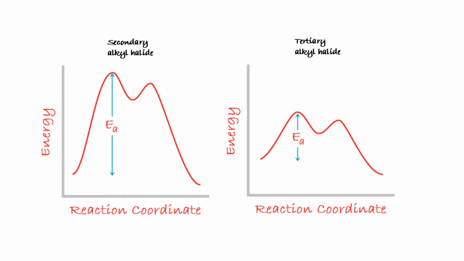If you compare the secondary and tertiary alkyl halides in the reaction coordinate or reaction energy diagram, we will find that the secondary starting material needs higher activation energy to reach the first transition state. In the tertiary alkyl halide, the activation energy is smaller, lower activation energy. That's why the reaction of tertiary alkyl halide is faster than the secondary alkyl halide.